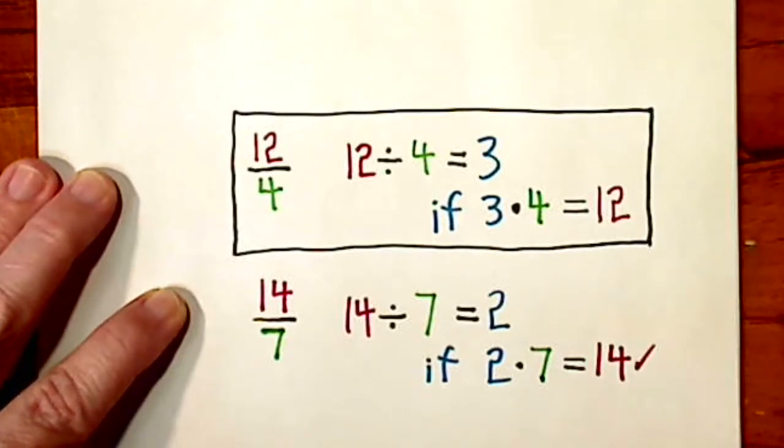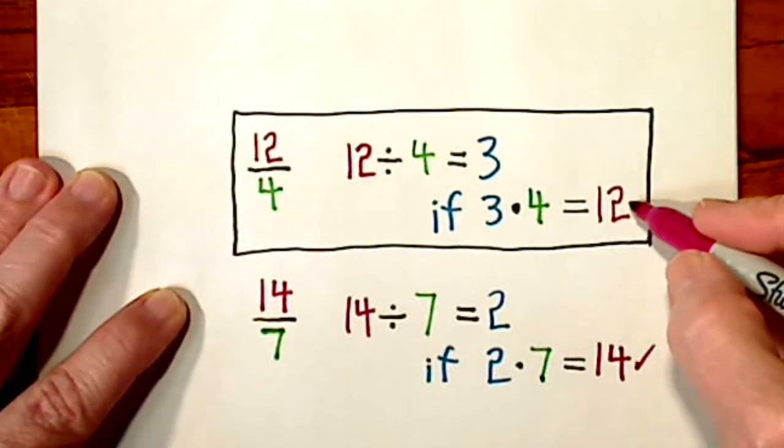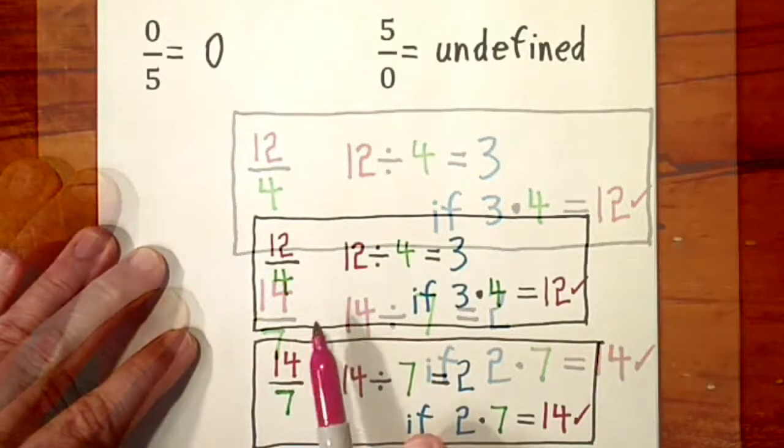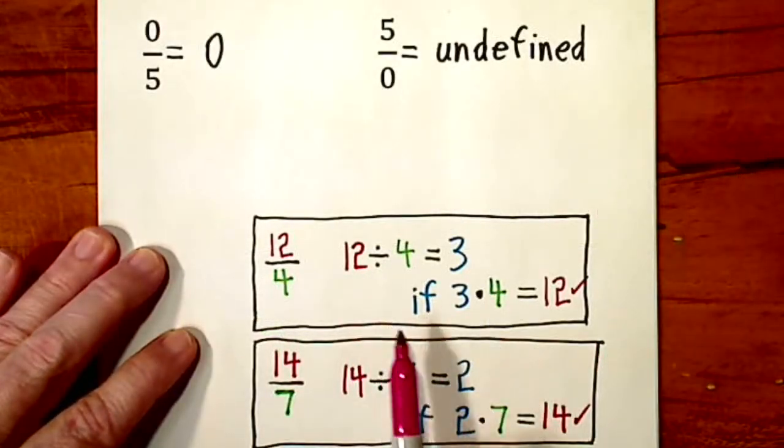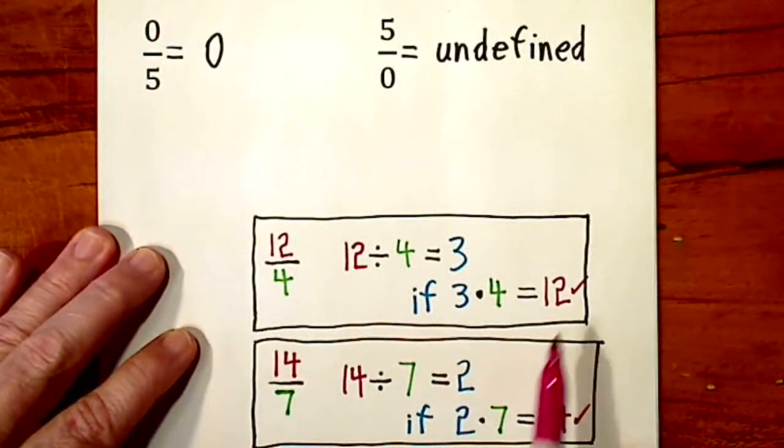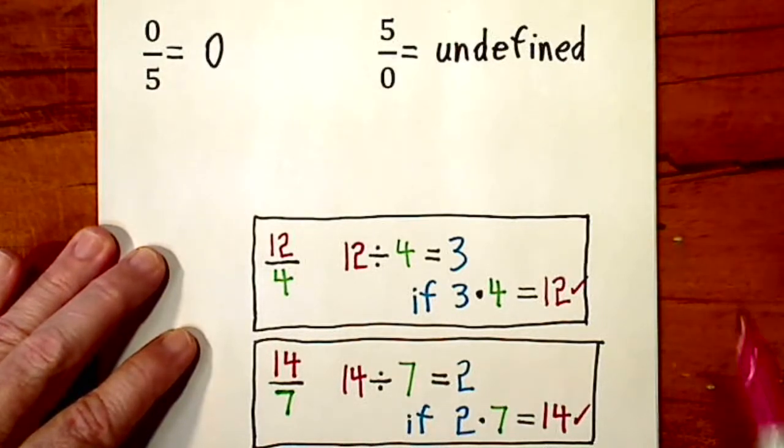So that checks out, just as this one checked out. So again, this is actually how division is defined in terms of multiplication. Division is defined in terms of multiplication.